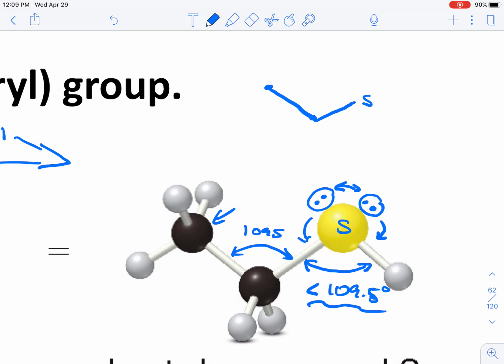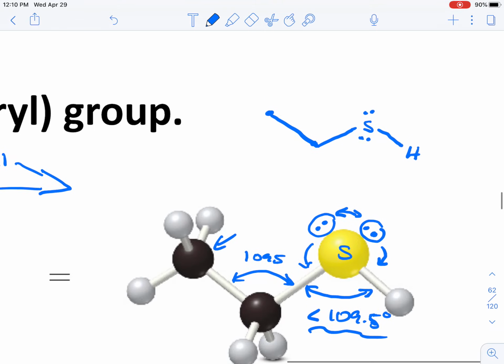And if you wanted to show the bonding between sulfur and hydrogen, you're going to have to bend that as well to represent that 109.5 degree. It doesn't have to be exact. And so this is one way for you to depict this sulfhydryl group using the skeletal structure.